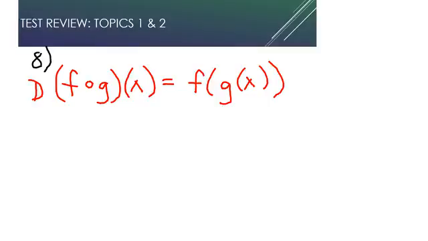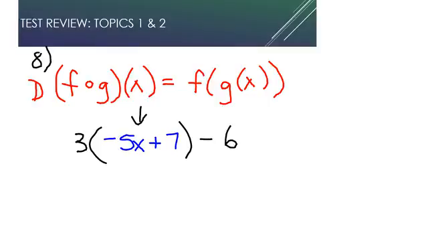So in this case, we're going to take g of x, which is negative 5x plus 7. We're going to put it into f. F is 3 times x minus 6. So we're taking g and we're putting it into the x inside of f. Okay, so this is going to be f of g of x equals.